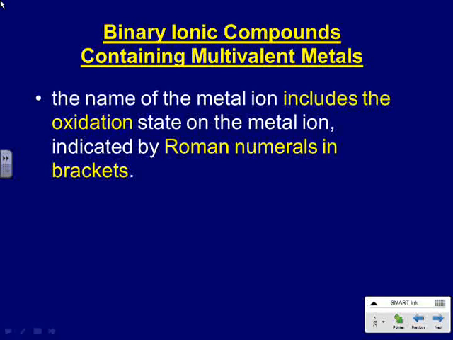But if I'm doing a name and I've got to figure out what Roman numeral to use, that's a little trickier. Because there is more than one possible oxidation state, you must indicate with your brackets and your Roman numerals which one you're talking about. This becomes very important in writing reports on, say, a chemical reaction that you are doing.